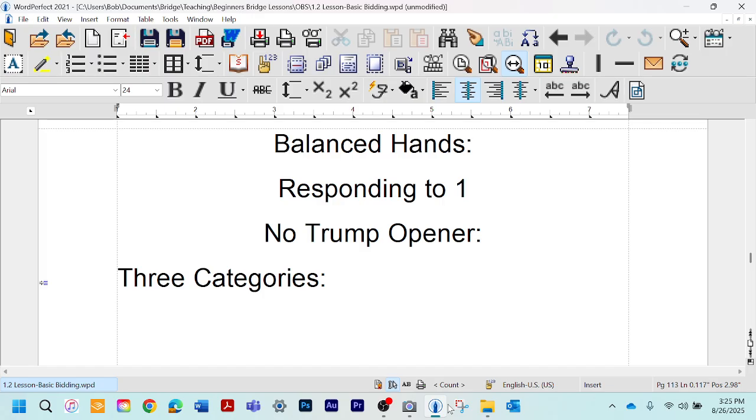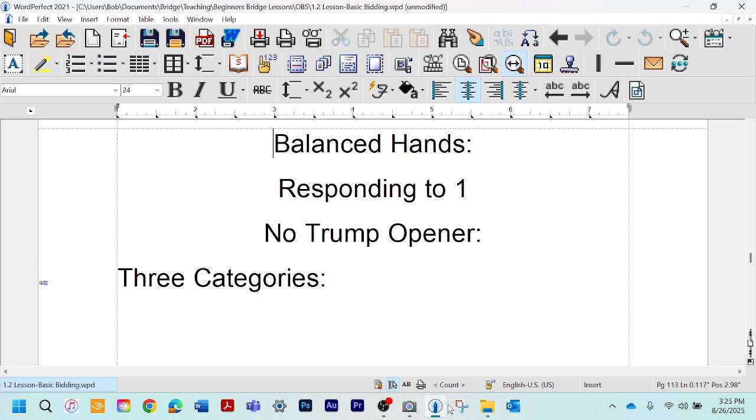The first category is 0 to 7. It's all about numbers. If they've got 15 minimum, and you've got 7, 7 plus 15 is 22, you're never going to get the game, no matter what. So 0 to 7 is always a pass.